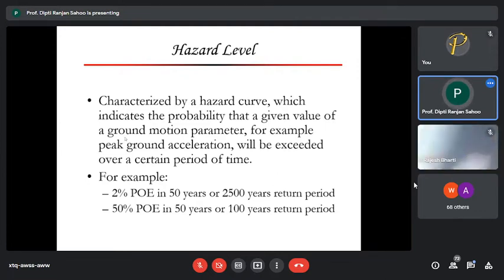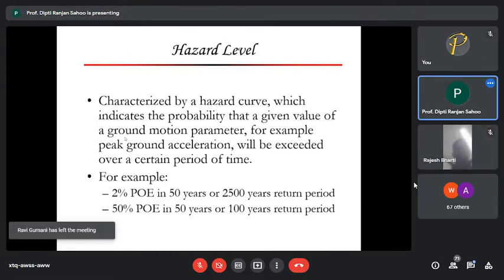For example, there is an earthquake having a probability of exceedance of 2% in 50 years. So when I talk about the earthquake, I'm talking about, let's say, PGA, PGV or PGD. It's 2% exceedance, 10% exceedance, 50% exceedance in 50 years.